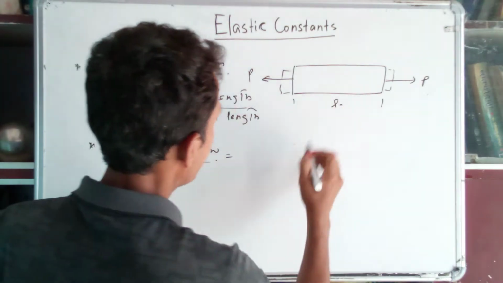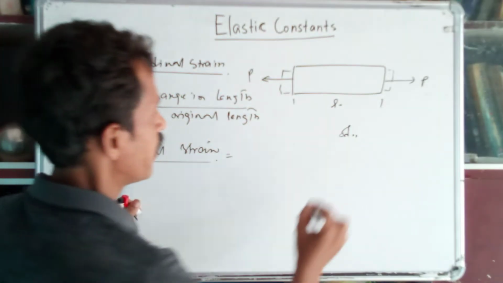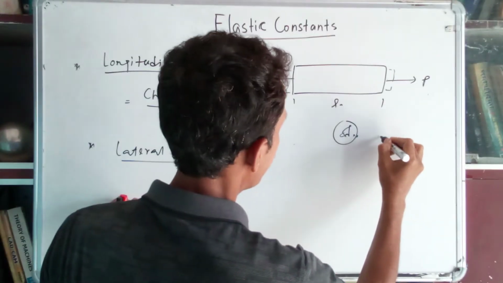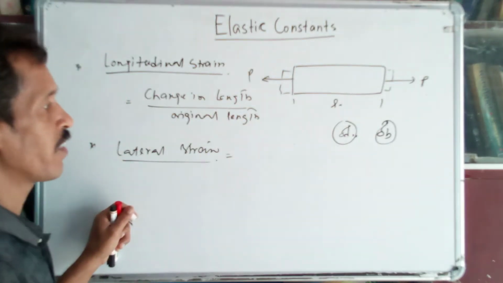Lateral strain will be, if del D is the change in diameter, or del B if you consider width or breadth.